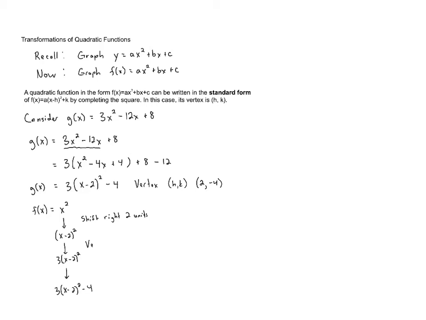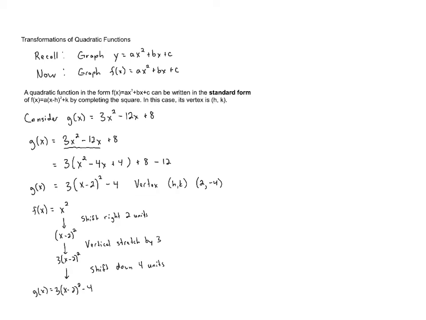This gives us a vertical stretch by a factor of 3. And then finally, we take the function that we have and we subtract 4 from it. We know that this is a shift down 4 units.